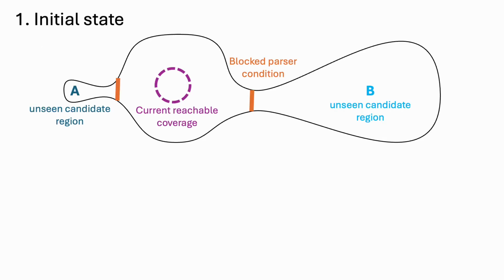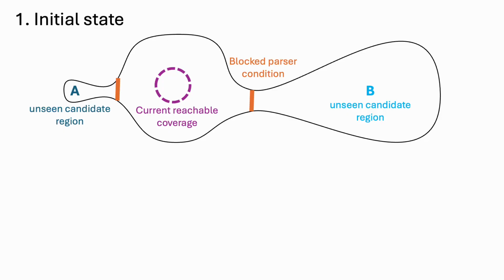I made this little animation to try to show the idea abstractly. So the purple dotted region is the coverage the fuzzer can currently reach, and then I have these regions labeled A and B that are both unseen because each is protected by a blocked parser condition, which is this orange line.